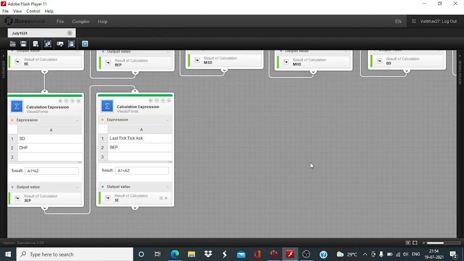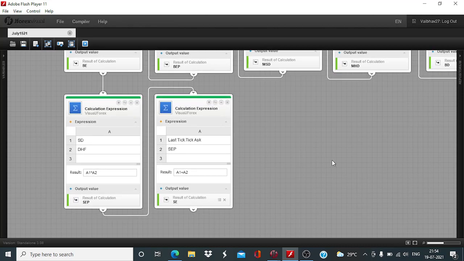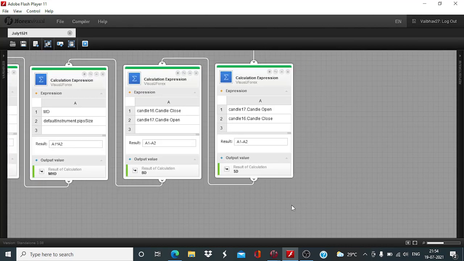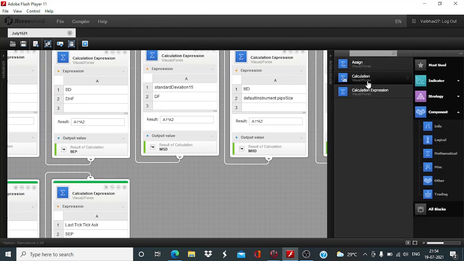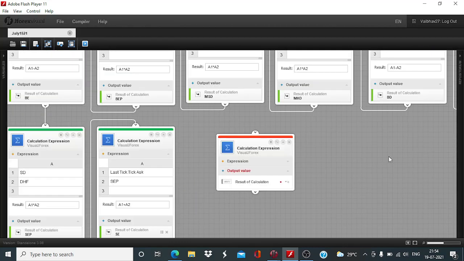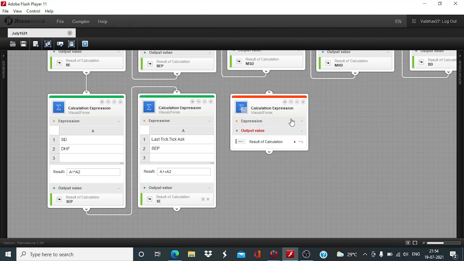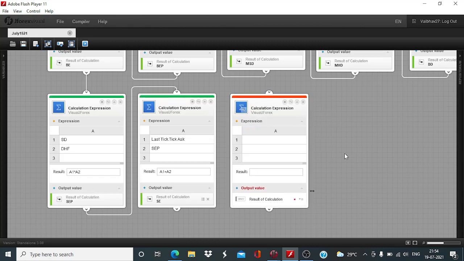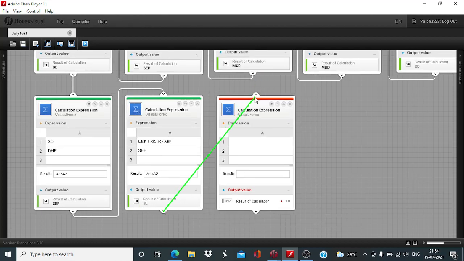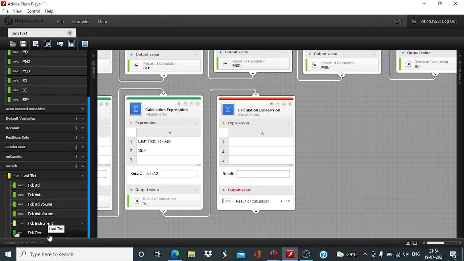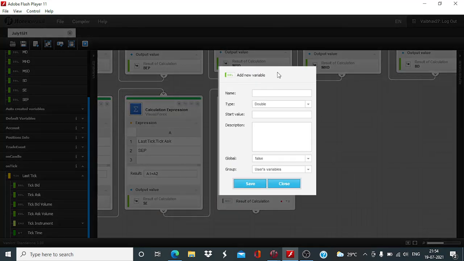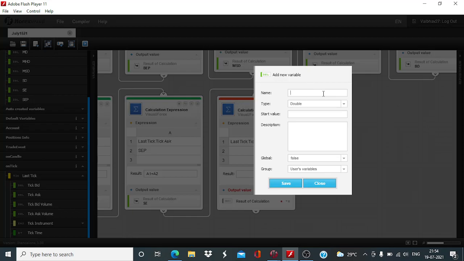So we have this variable in place now. Order validity, we will keep the order validity at 1.5 hours. So for that, we will take the last tick time and the new variables.